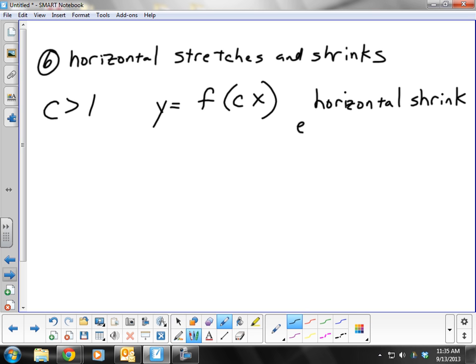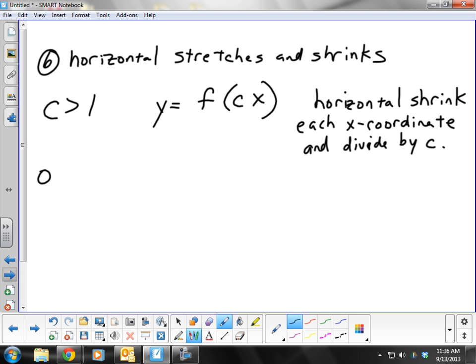Because I'm going to take each x-coordinate and divide by c. And since c is a number bigger than 1, it's going to make the value of x smaller.